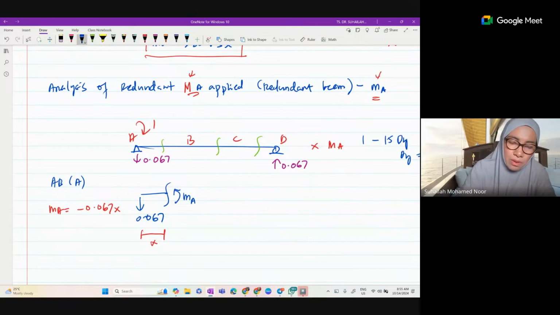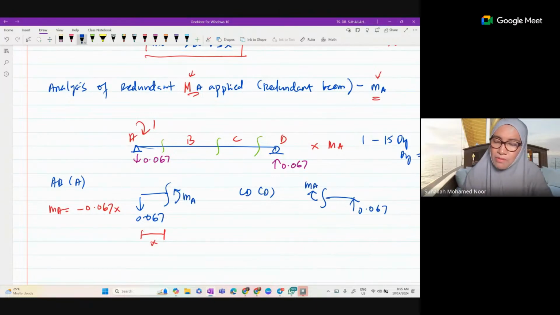Okay. So we have member CD. BC is a bit long, right? Okay, do CD first. Okay, member CD, origin D. So we get 0.067, moment clockwise because the origin is from the right.